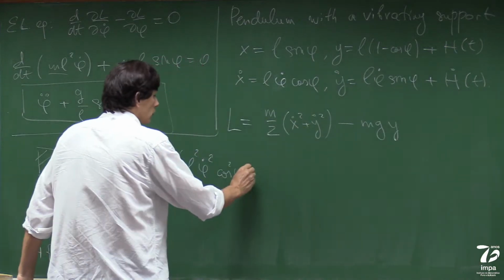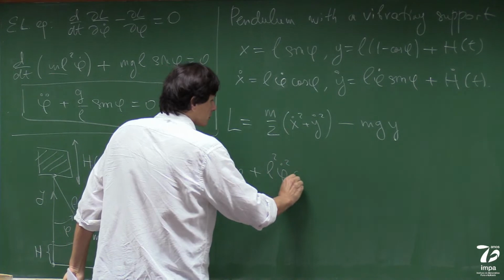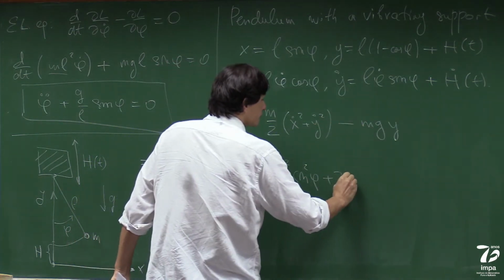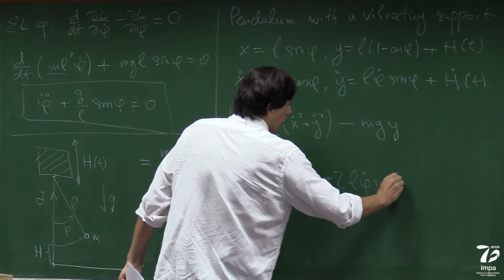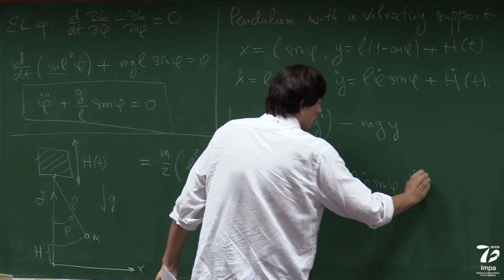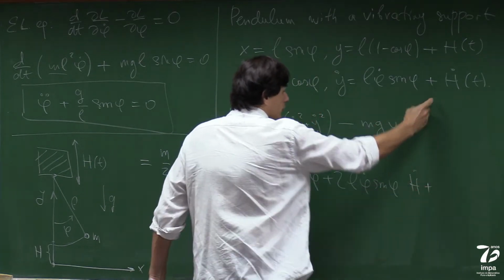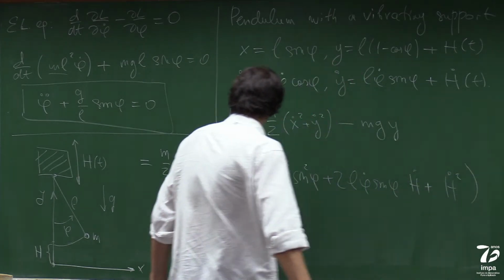So let's open this square already: L squared psi dot squared sine squared psi plus 2 L psi dot sine psi H dot, plus H dot squared.